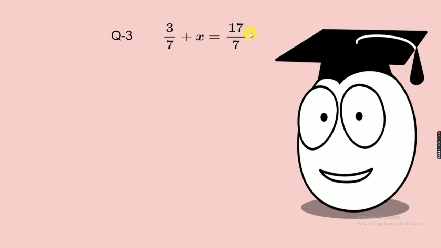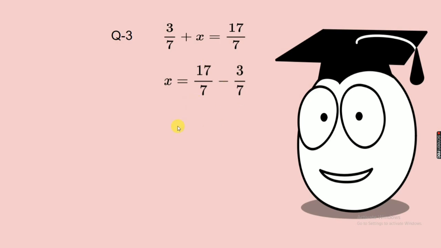We would transpose this constant term to the right hand side. But when we transpose this 3/7 to the other side, it would be converted into the negative sign. So we would write x is equal to 17/7 minus 3/7. We converted this 3/7 into negative form.